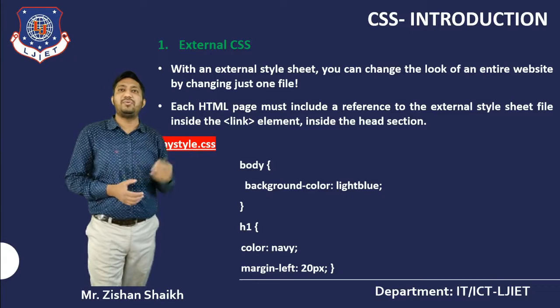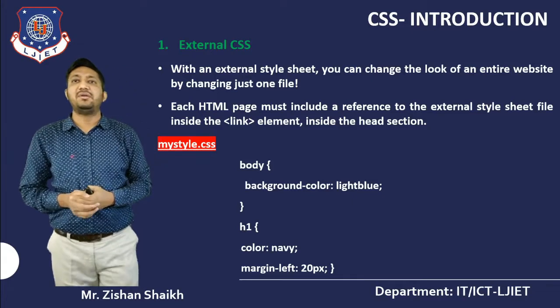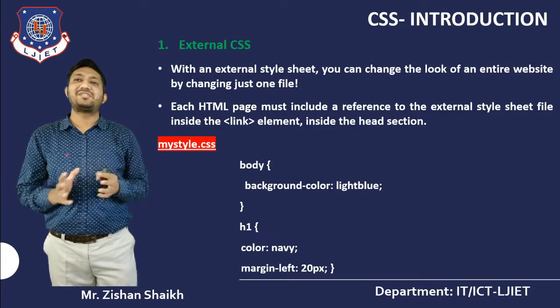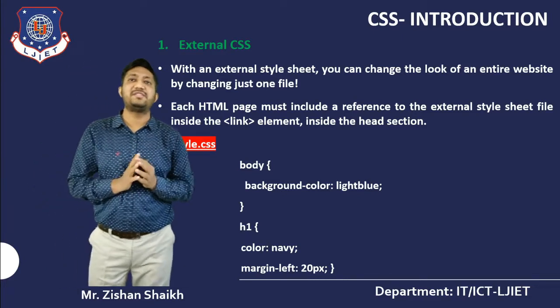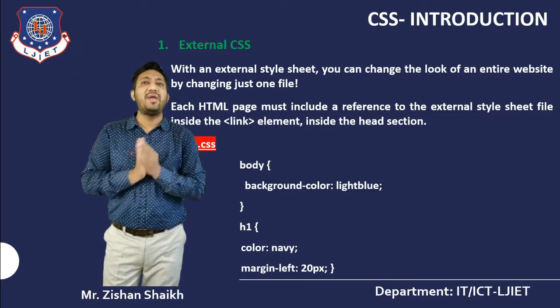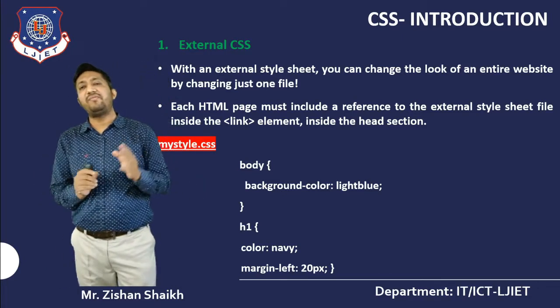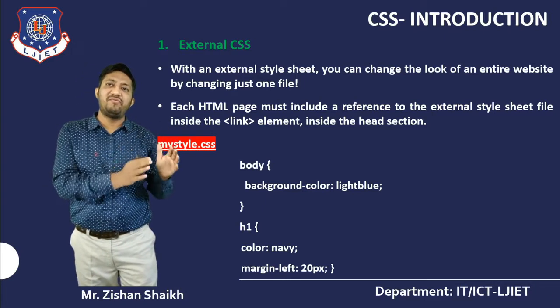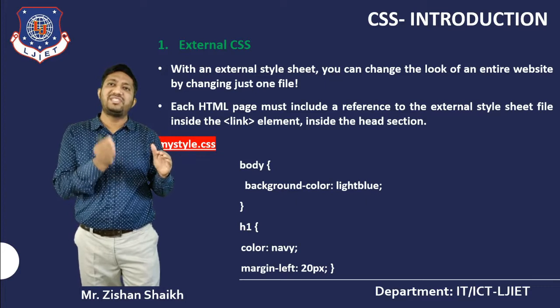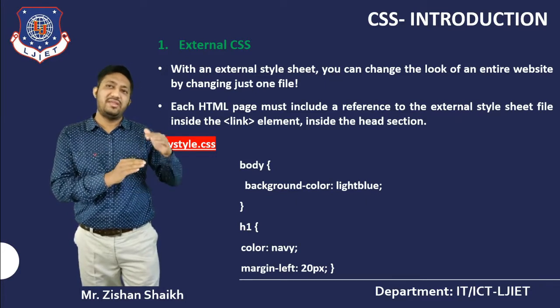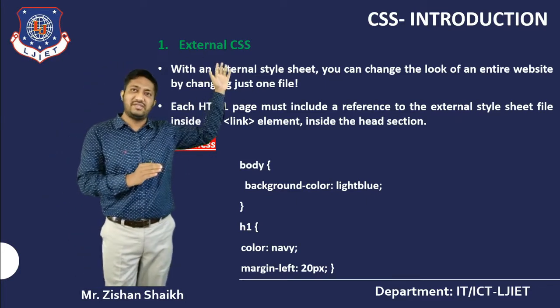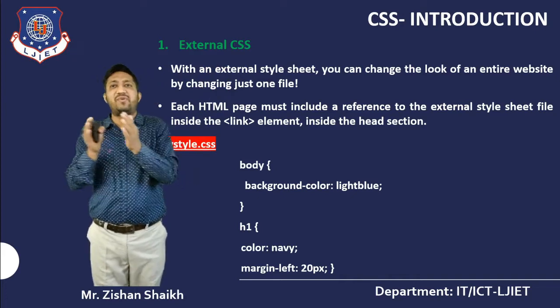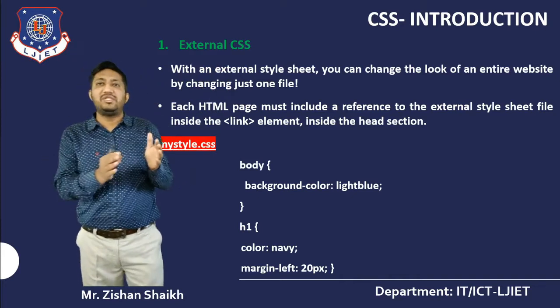First is the external CSS. When we are talking about external CSS, the CSS file is different from your HTML file. Whenever you write an HTML file, one HTML file is there, but if we are using external CSS, then the CSS file is different from your HTML file.